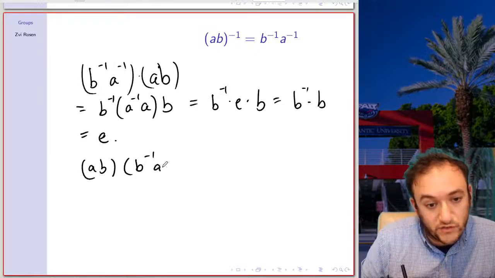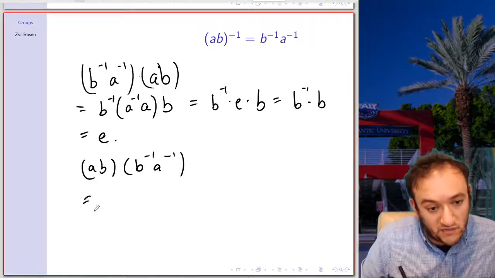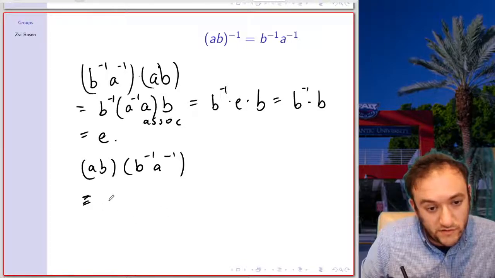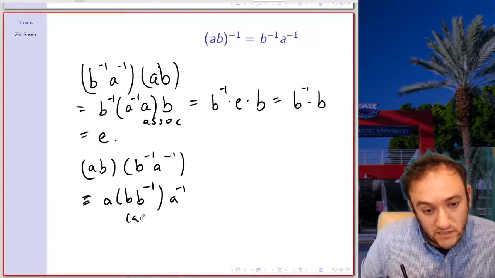AB, B inverse A inverse. Same deal, associative property. So this is A, B, B inverse, A inverse. This is associative.